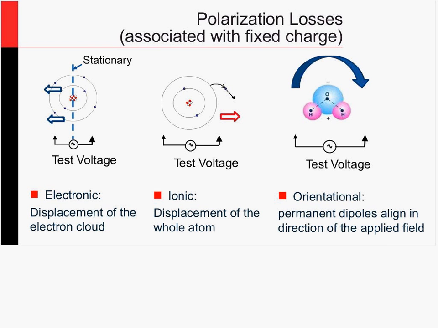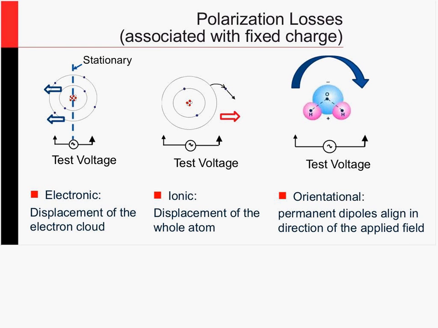The next one does have a lot more relevance to what we're talking about. It's known as orientational polarization. Here we're dealing with a polyatomic molecule that is a dipole, and a dipole carries a distinct negative and positive polarity. Here we've got the water molecule as an example.